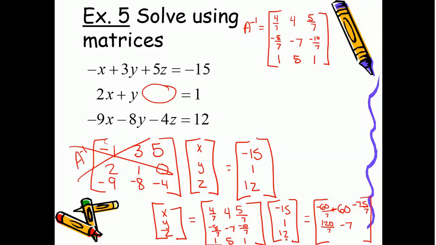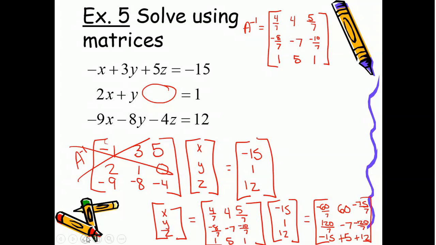Negative 10 times 12 is a negative 120/7. And then I got negative 15, 5, and 12. Almost got it. So it looks like these are going to be adding. Now, I did some quick addition in my head and on my calculator. Who am I kidding? Not in my head. I did it on my calculator.